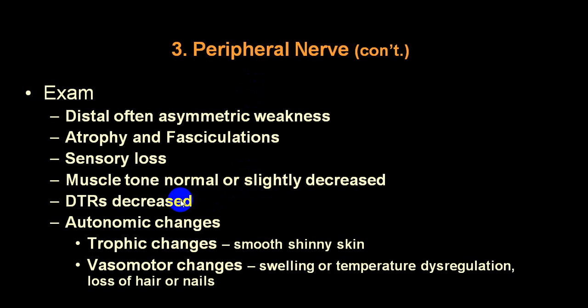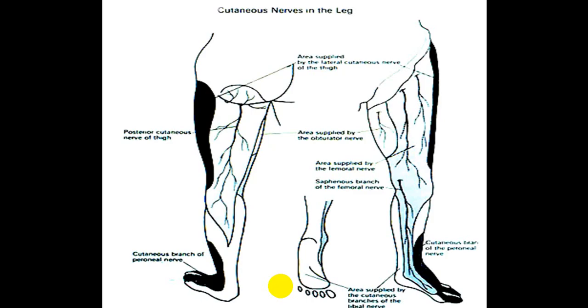Deep tendon reflexes are diminished or may be absent, and we may also have autonomic changes like trophic changes, vasomotor changes, etc. Those findings will be very common in a mixed variety of damage. But we can have pure sensory, pure motor also. We'll be dealing with that separately when we do the approach to the peripheral nervous system or approach to sensory. And sensory loss will be in the distribution of a nerve supply.